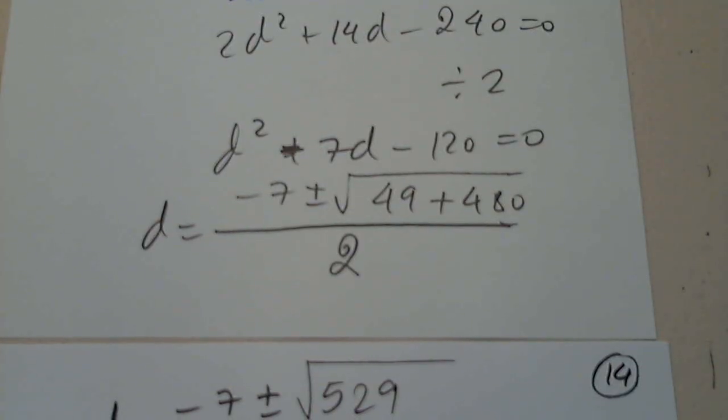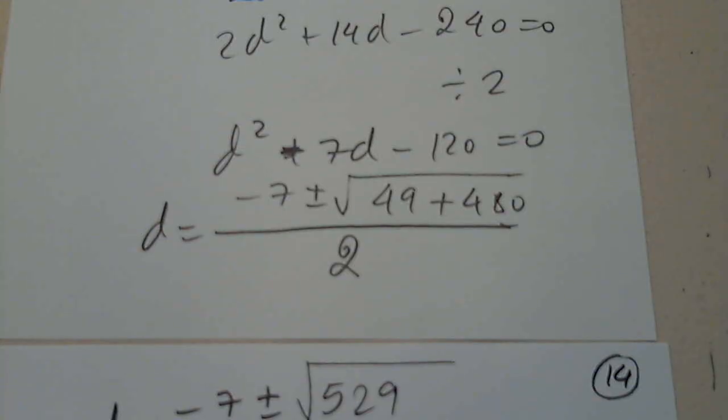Now I know nothing about 529, so I'm going to read: type an integer or a simplified fraction. Of course it's in feet. Okay, so I'm going to look at 529.